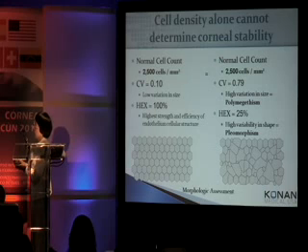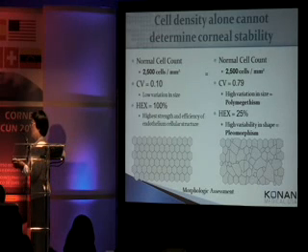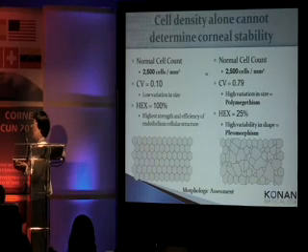Also, cell density alone cannot determine corneal stability. Here, both corneas have 2,500 cells per square millimeter, but on the left-hand side, the very ideal, beautiful cornea has a very low size variation index of 10 and hexagonality of 100%.